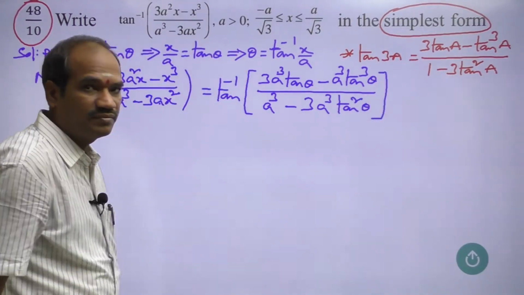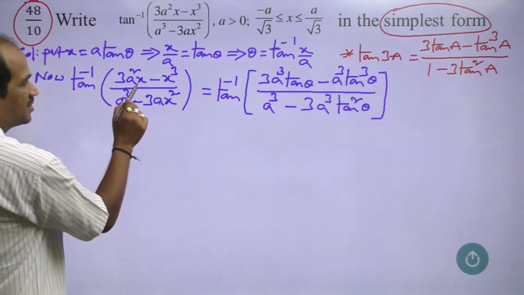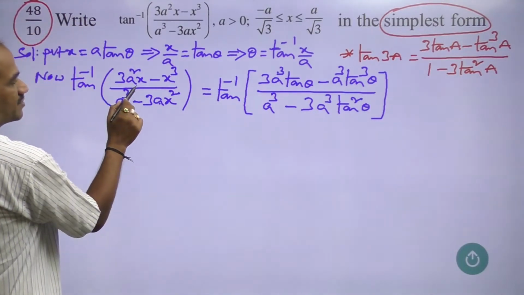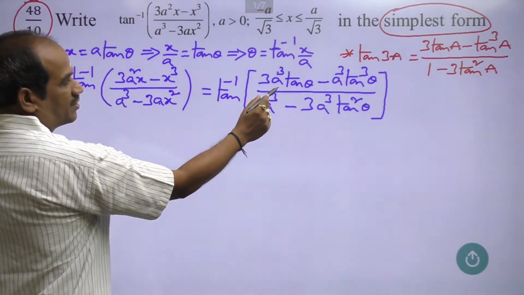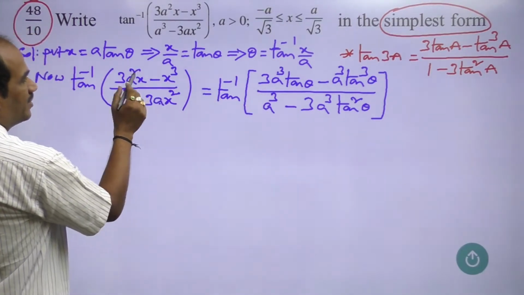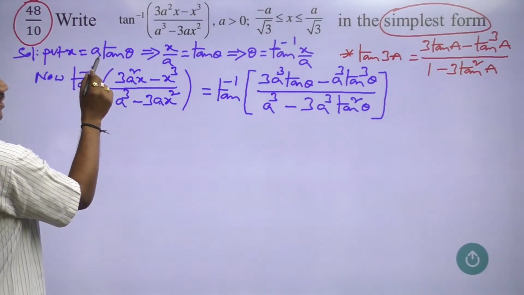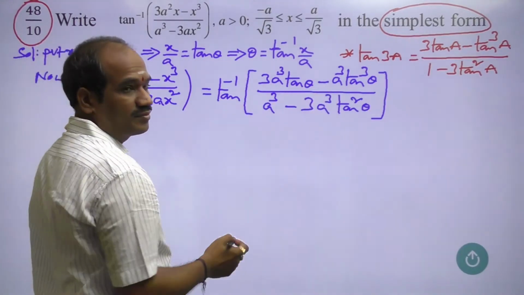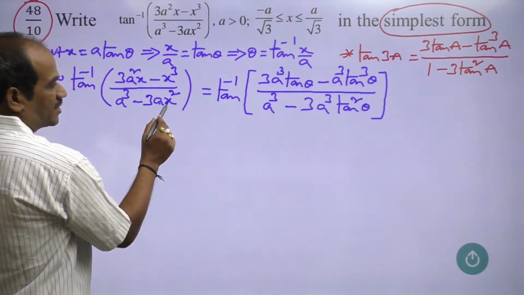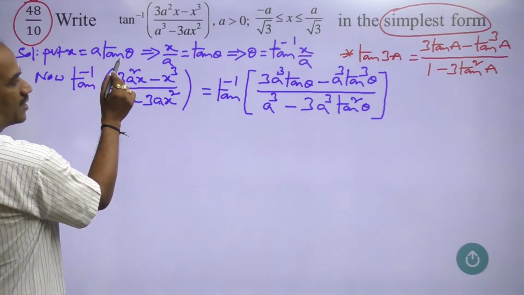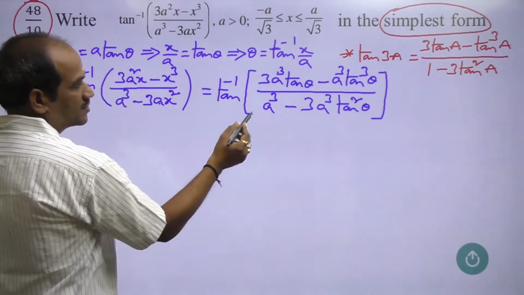One more time: replace x by a tan theta. Numerator: a into a square, a cube tan theta, minus x cube, which is a cube tan cube theta. Denominator: a cube minus 3a x square, which is 3 a square tan square theta into a.